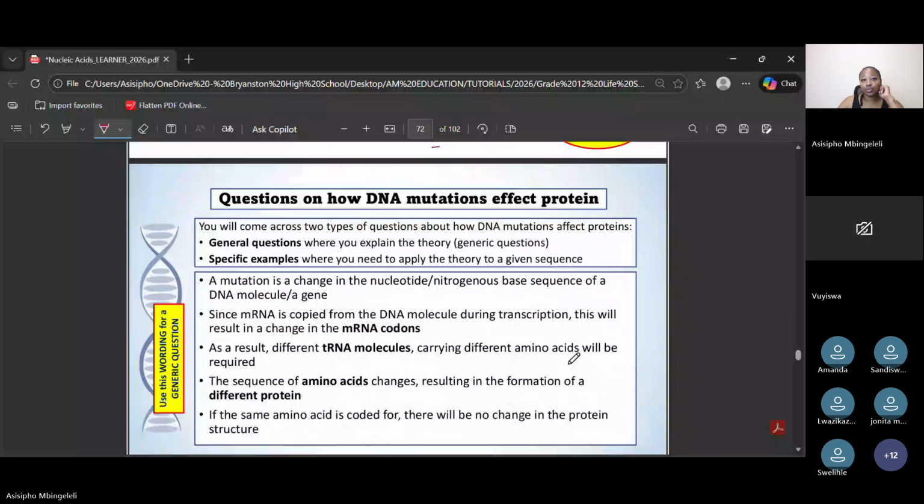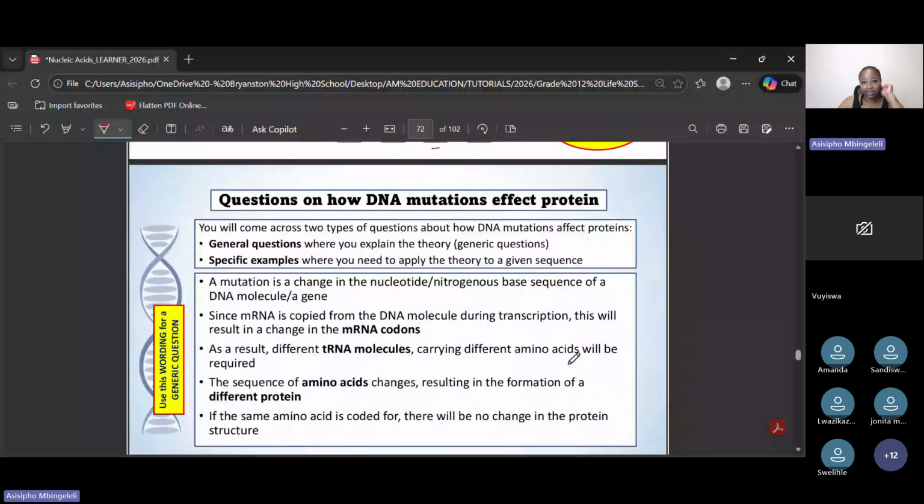How is mutation assessed in a test? Make a note that mutation is assessed in application. You see what I've written, showing the order of the molecules that are formed from DNA: messenger RNA, transfer RNA, amino acid, protein. You follow that order, but then you apply what you are given in a question.